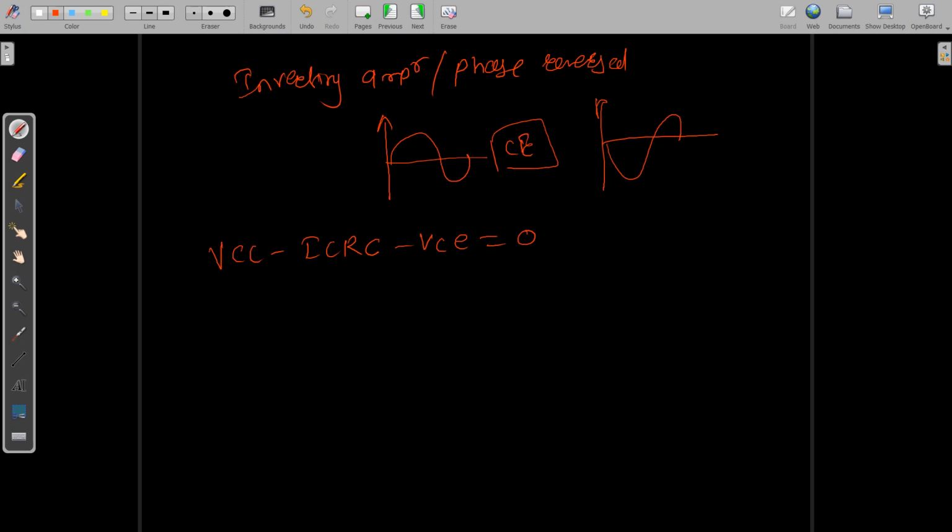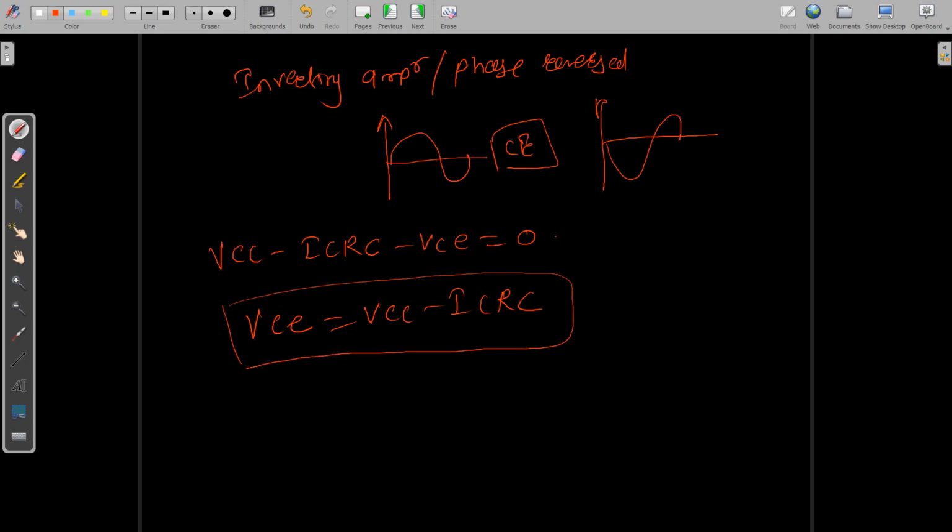If you include it, the equation will be bigger, but anyhow they are the same, and it will not affect much. You can write the IERE term even here, and continue with the derivation. Now from this, let us take VC, that is the output voltage. VC equals VCC minus ICRC. This is my output equation, right?